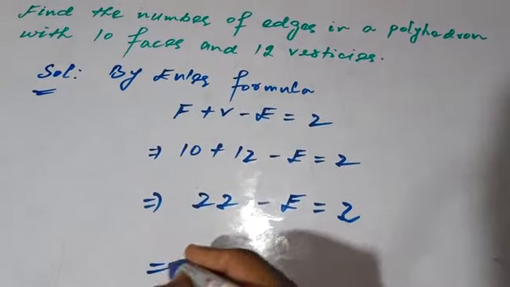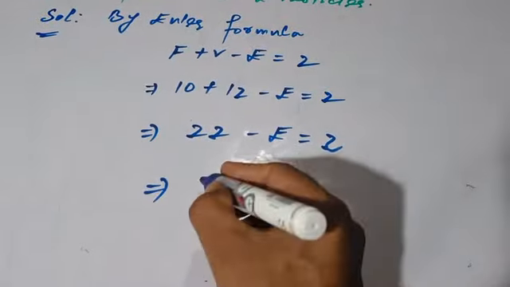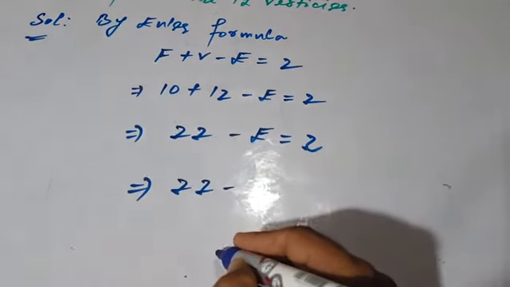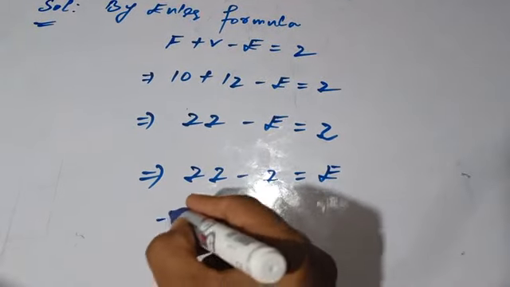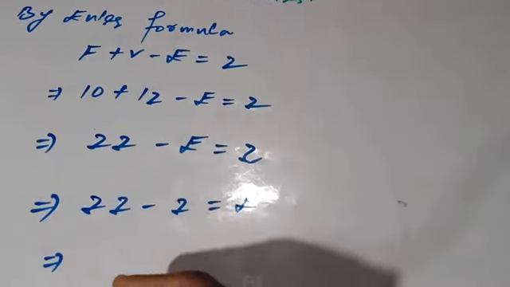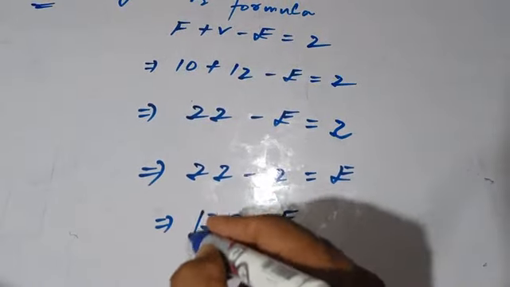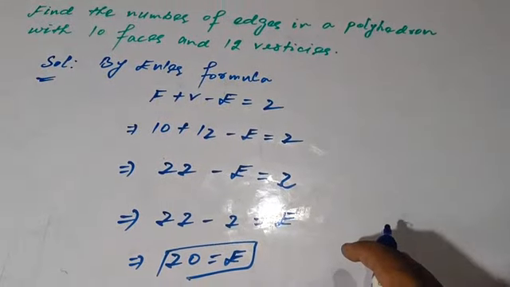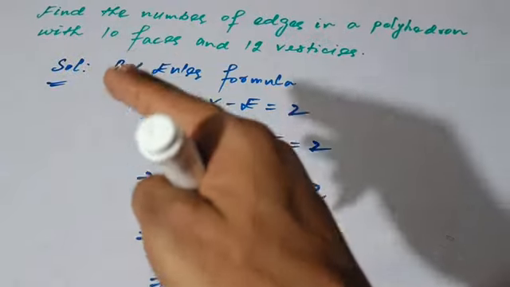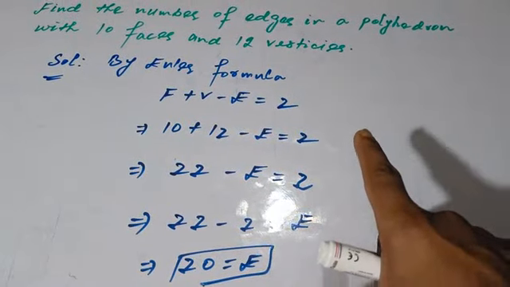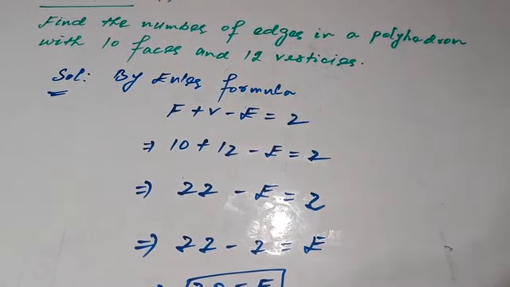We actually need to find E, that's the number of edges. Now we will just transpose: 22 minus 2 is equal to E. That implies 22 minus 2 is 20, that's equal to E. That means such a polyhedron, having 10 faces and 12 vertices, will have 20 edges. So this was one simple example on Euler's formula.